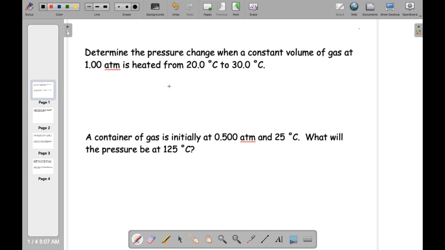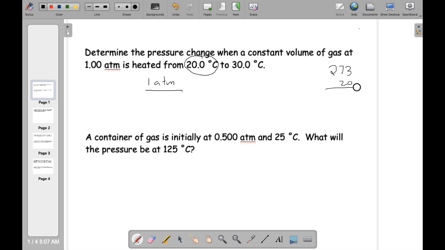So on this one, we have 1 atmosphere at top, the pressure. At the bottom, we'll have the first temperature. So it's 20 Celsius. Remember, we need to convert this to Kelvin by adding 273.